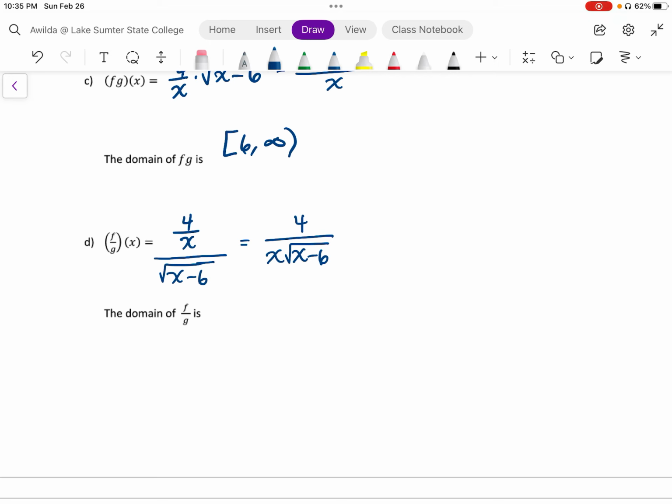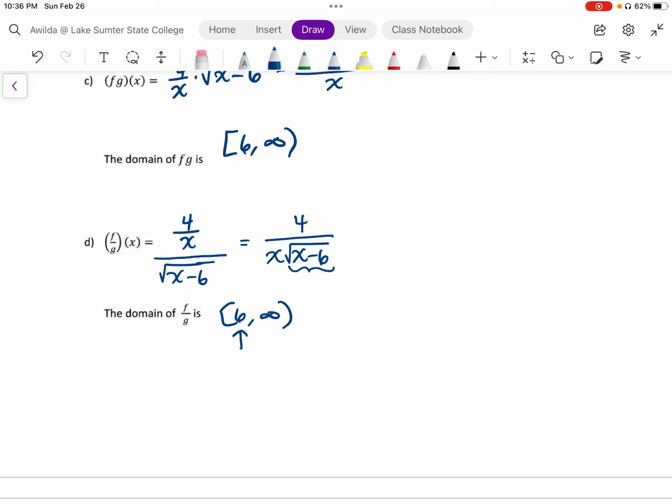The domain starts with the intersection, right, from 6 to positive infinity. But we also want to make sure that there are no values in this interval that would cause the denominator to be 0. And I do see one value that causes a problem. Looks like x can't be 6, because if x were to equal 6, then this quantity would be 0.